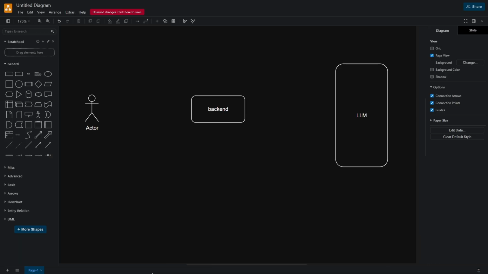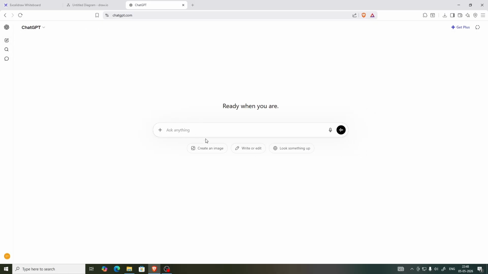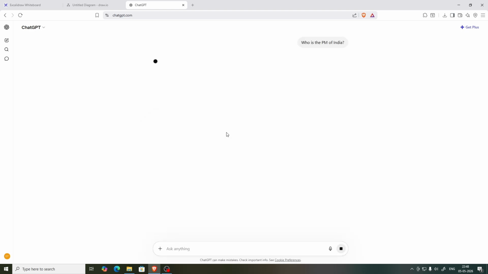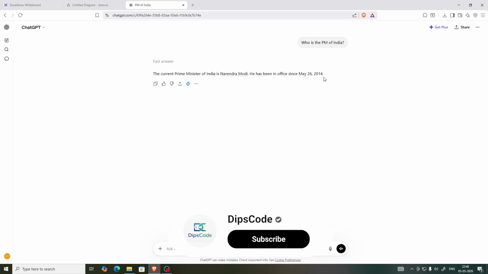So for example, if I go to the ChatGPT console, friends, this is a ChatGPT console. Let's say we ask who is the PM of India. I have typed who is the PM of India, and ChatGPT has given me the answer: the current Prime Minister of India is Narendra Modi, and he has been in office since May 26, 2014.